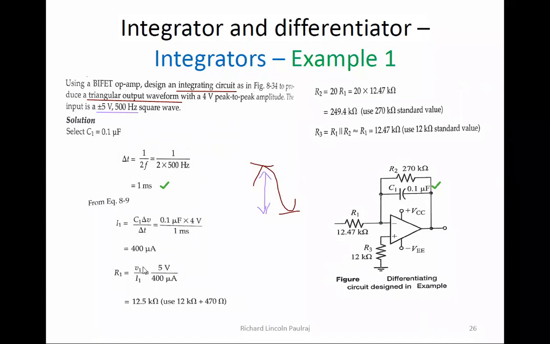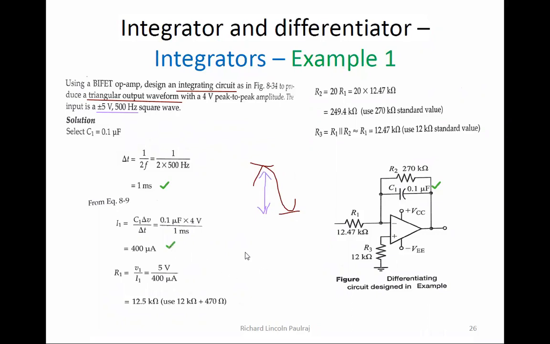Students, please check, is it 400 microamps? 0.1 micro into 4 divided by 1 milli. Are we getting 400 micro? Yes, sir. Okay, that's good.